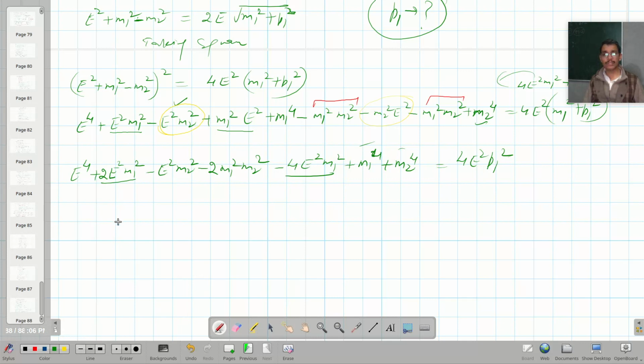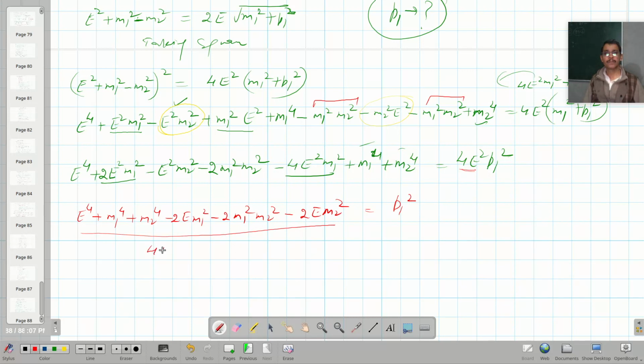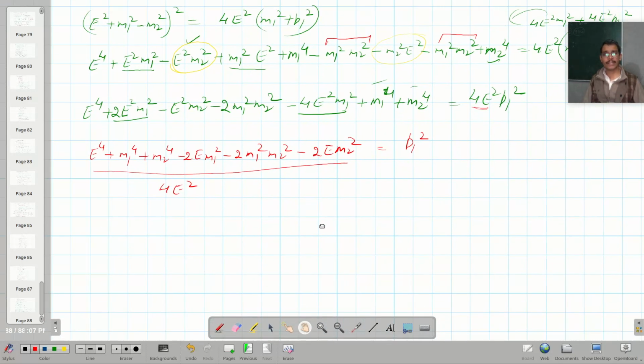So I can write down this term as e⁴ plus m1⁴ plus m2 raised to power 4 minus 2e m1² minus 2m1² m2² minus 2e m2² is equal to p1² and whole divided by this 4e². Right, that's what we are getting here.